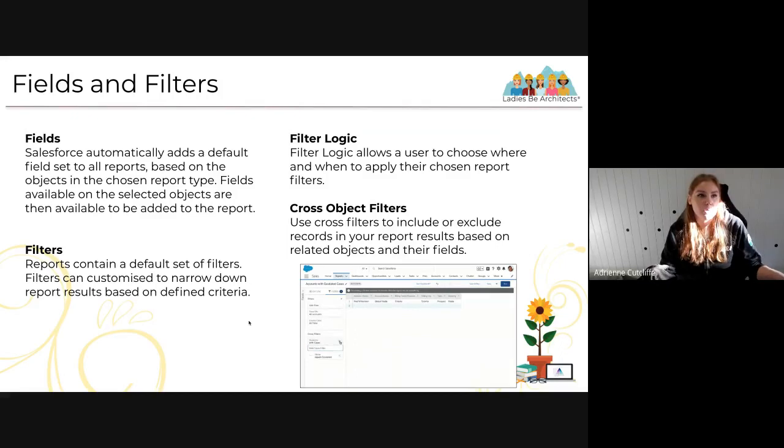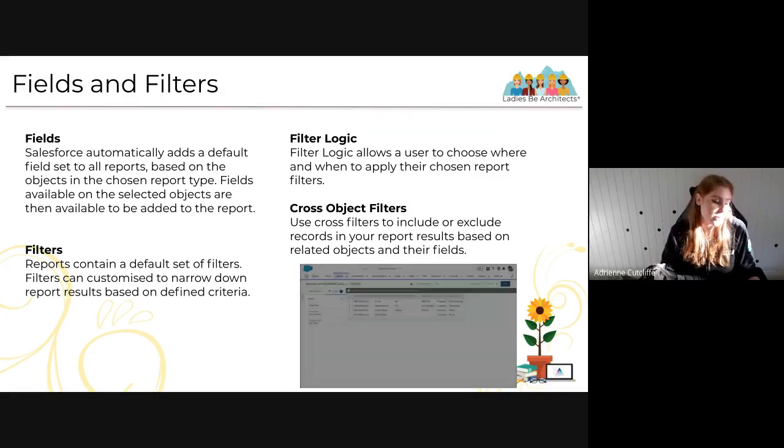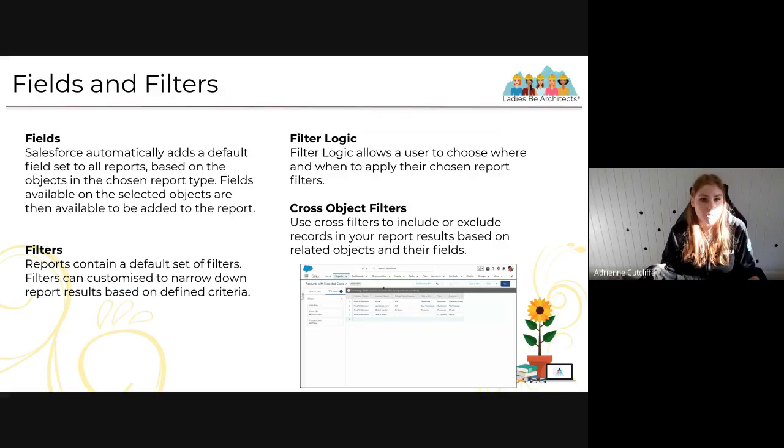So with these reports, Salesforce also offers the ability to have fields and filters in it. So upon creating a report, after selecting your report type, you'll be presented, and you can see it down the right-hand side, with an outline column and a filters column. So our outline column lets us select fields that go in the report. Now with these, we can select fields from absolutely any object that is on our report type or being included.